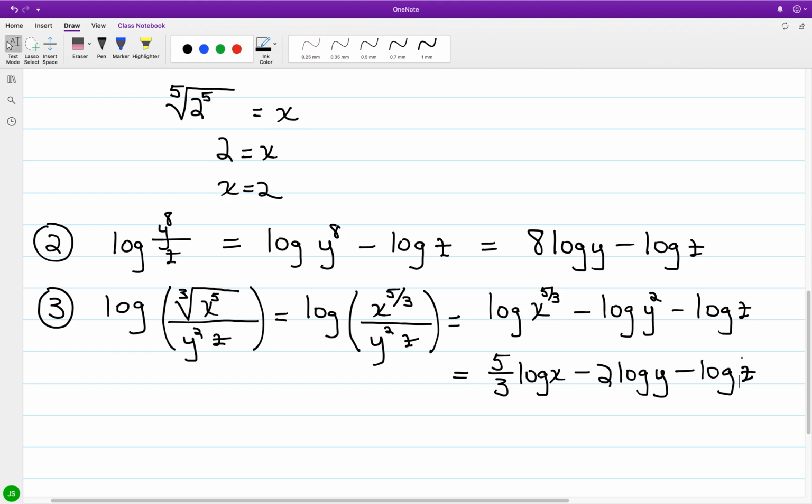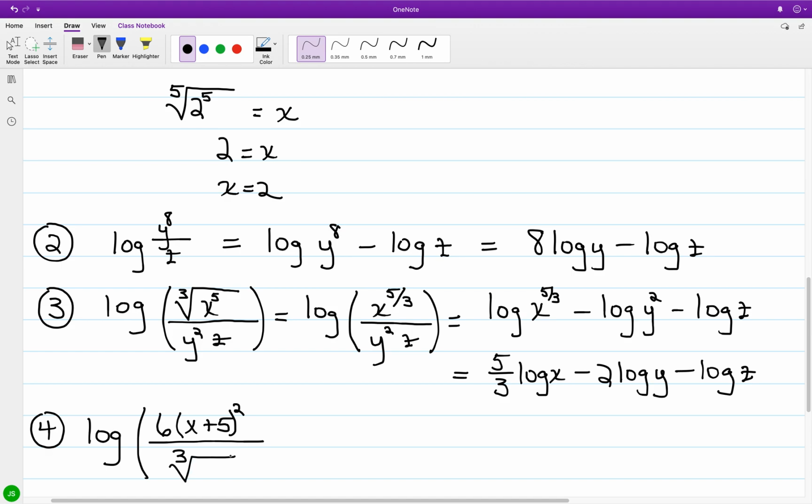Now, for what we have in the case of item number 4, we have yet another expansion. In this case, we have base 10 logarithm of 6 times the quantity of x plus 5 raised to the second, and we have all over the cubic root of x to the 4th.